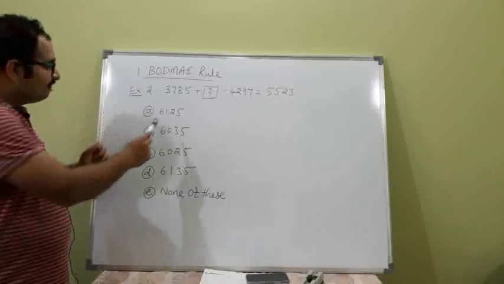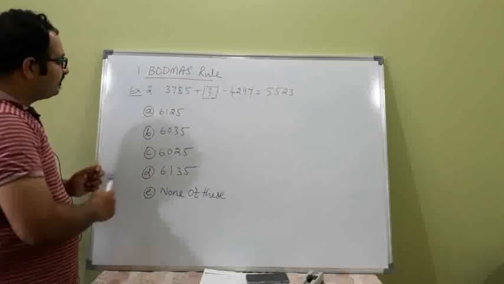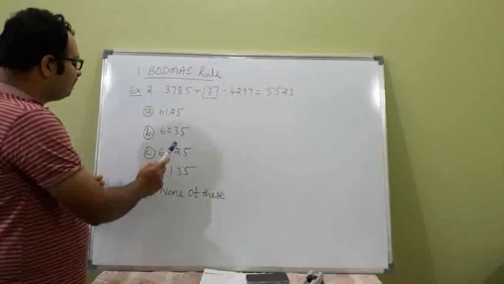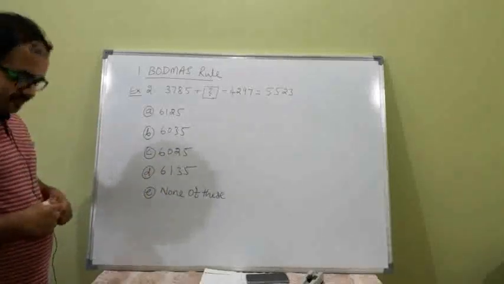Options are here: 6125, 6035, 6025, 6135, and none of these.